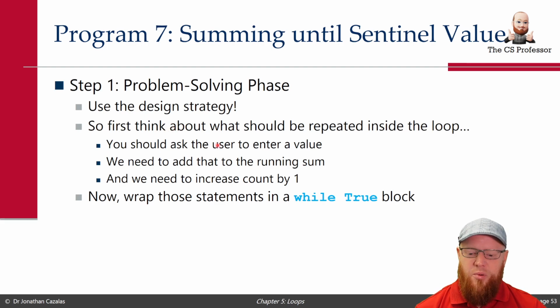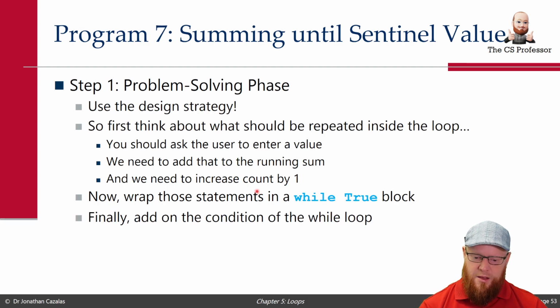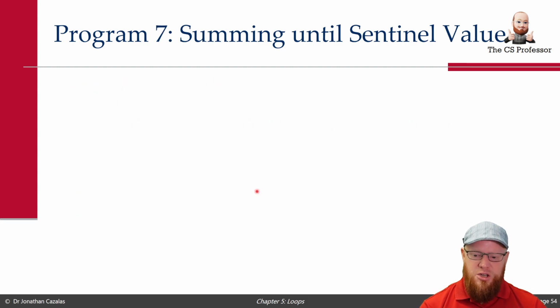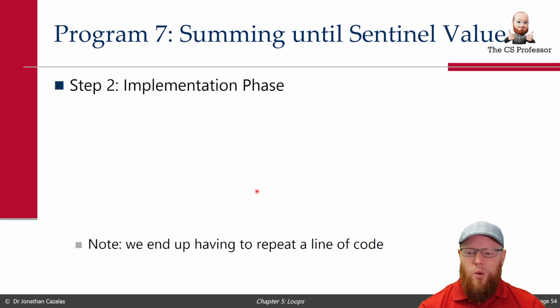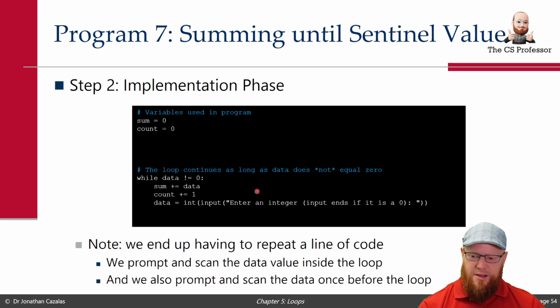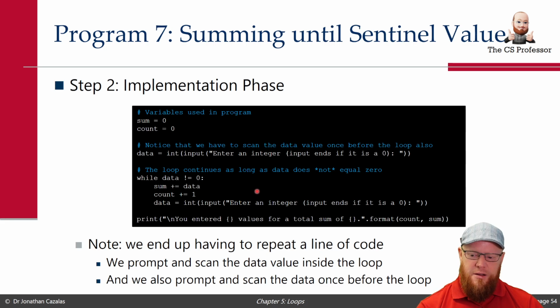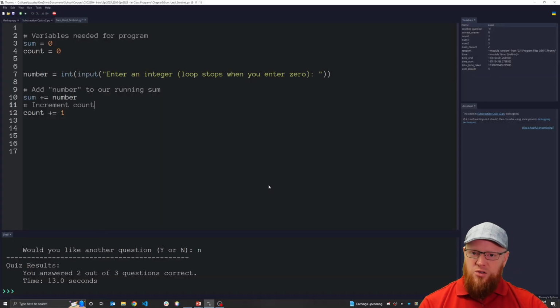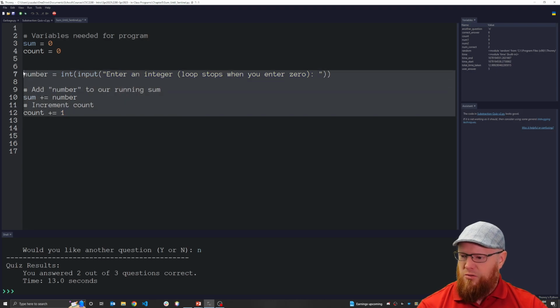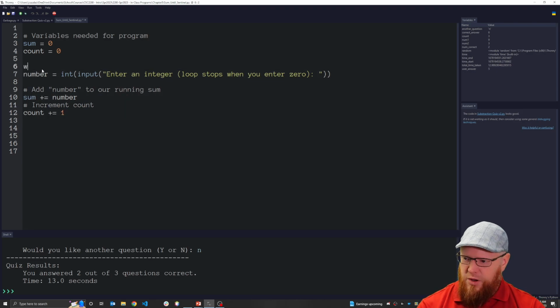Now it said wrap those statements inside a while true block, and then finally add the condition of the while loop. We won't do that in a while true block just yet. Let's show you what I did here. Because the loop design strategy was to use a while true block, let's go ahead and do that.